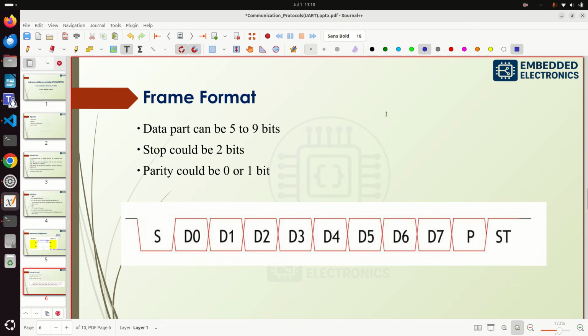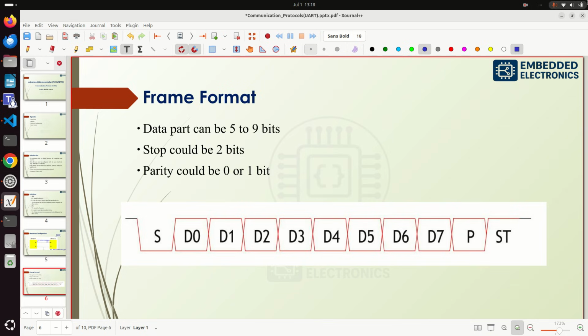Here I said the data part can be 5 to 9 bits. In our example we had 9 bits. If you are transmitting 9 bits, then you have to compromise on the parity bit. Instead of the parity bit, use the 9th bit.